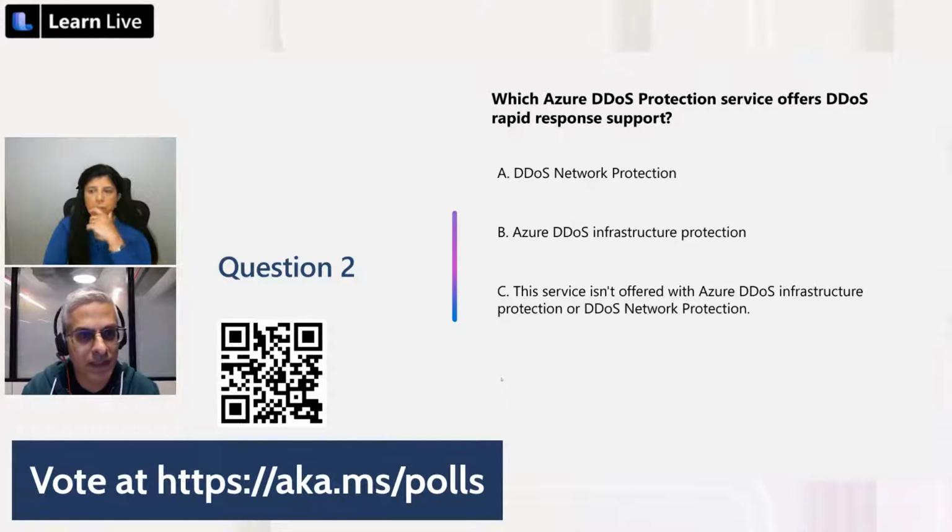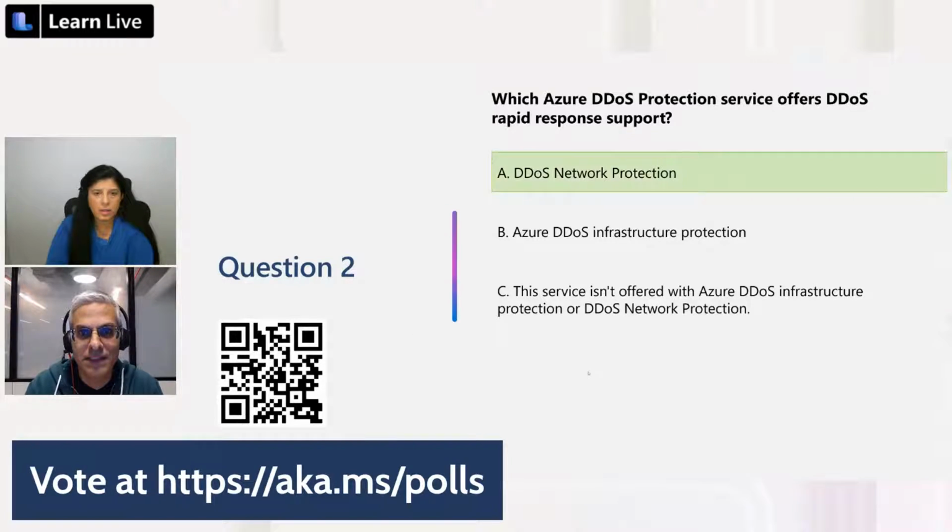Again, you can scan the QR code and poll. Okay, so the answer is DDoS network protection. This is the SKU that offers rapid response support.